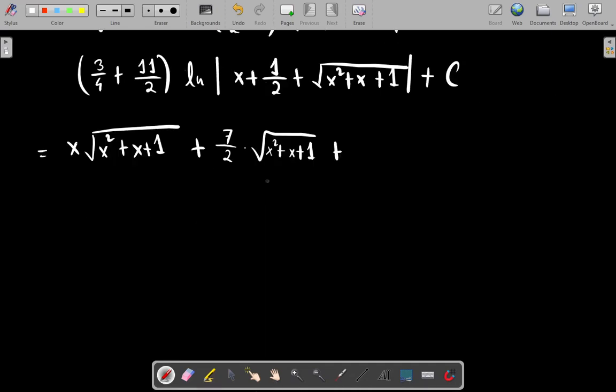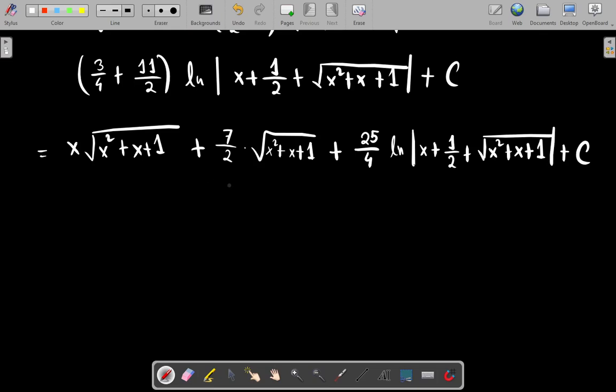So this becomes 3 by 4 plus 11 by 2. If I double, this becomes 22 by 4, so this becomes 25 by 4, times ln of x plus half plus square root of x square plus x plus 1, plus c, right? So this is alpha and this is beta.